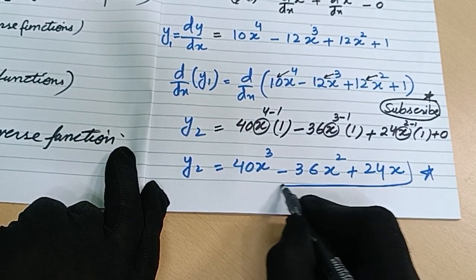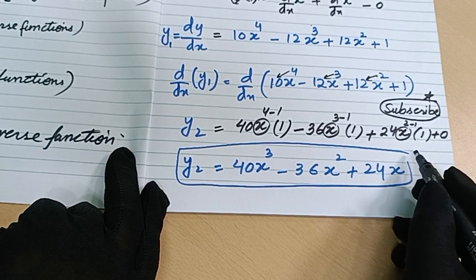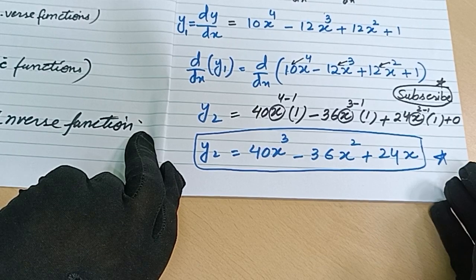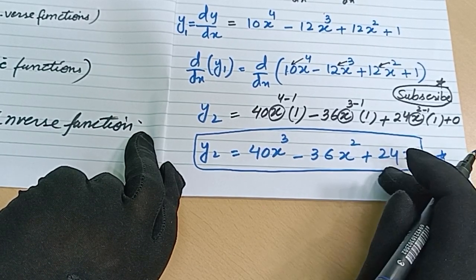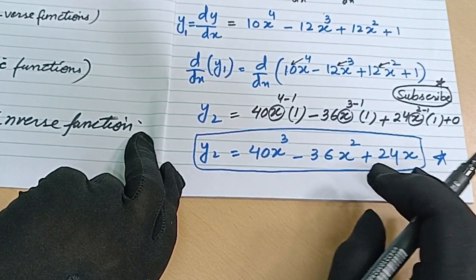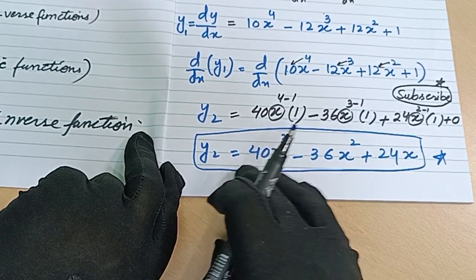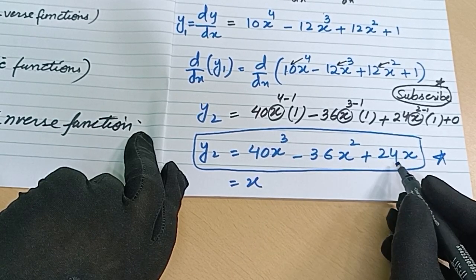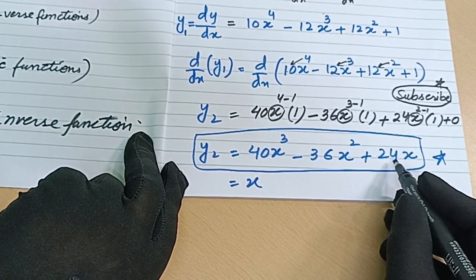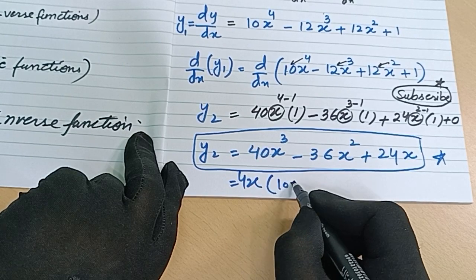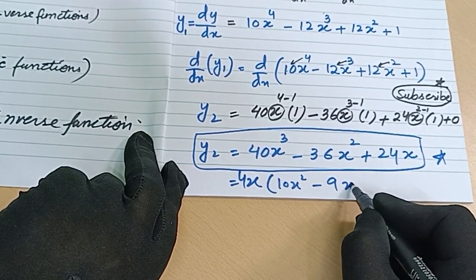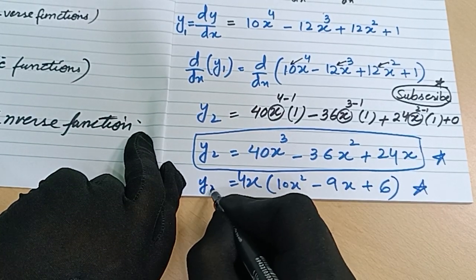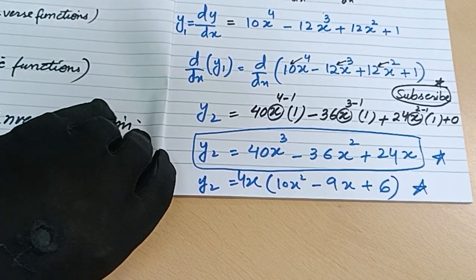You can keep your expression as it is, and unless you are asked to change it into some specific type of expression, you can change it also, because all of the coefficients are even multiples, and with x cube, x square, x, you can take x common also. So x common, and what is the maximum number that can be common? 4, I think. 4 tens are 40x square minus 4 nines are 36x plus 4 6s are 24. So this can also be a perfect derivative for the given function.